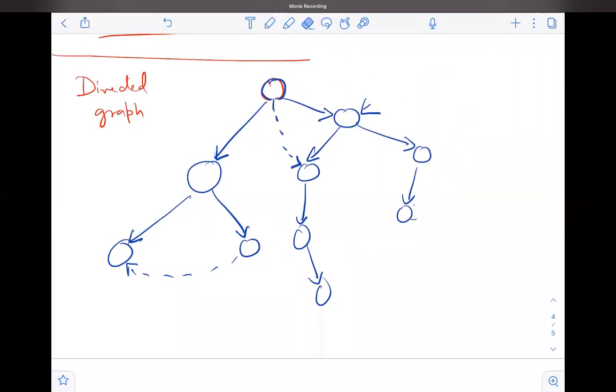And the bold edges are the ones which are tree edges.